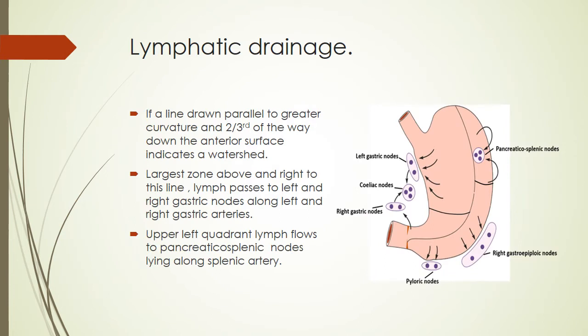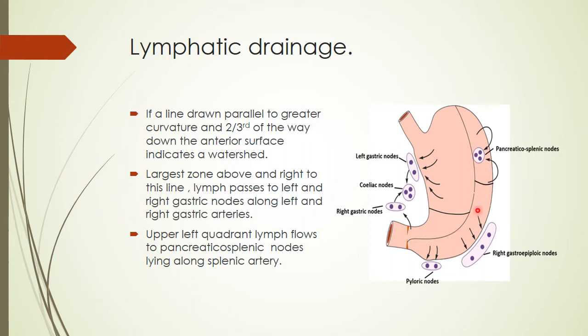Lymphatic drainage of the stomach. To understand the lymphatic drainage, we have to draw a line parallel to the greater curvature, two-thirds of the way down the interior surface of the stomach. This line divides the stomach into four lymphatic territories, and this line indicates a watershed.